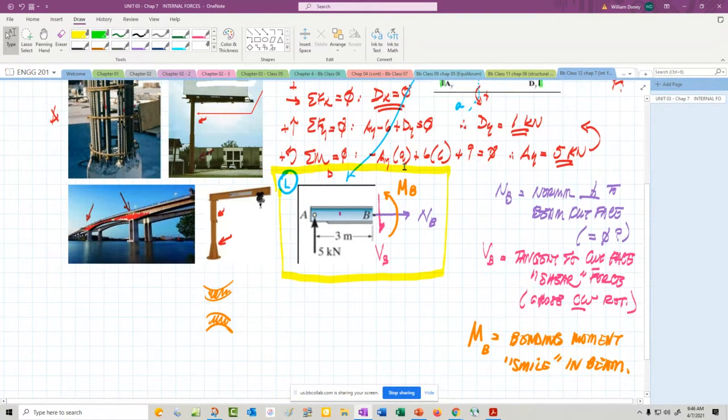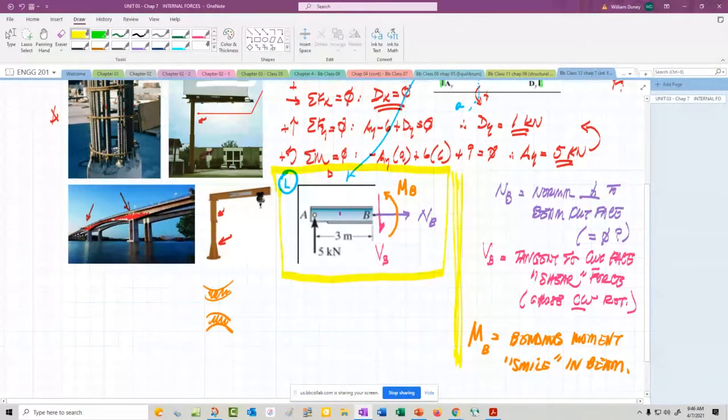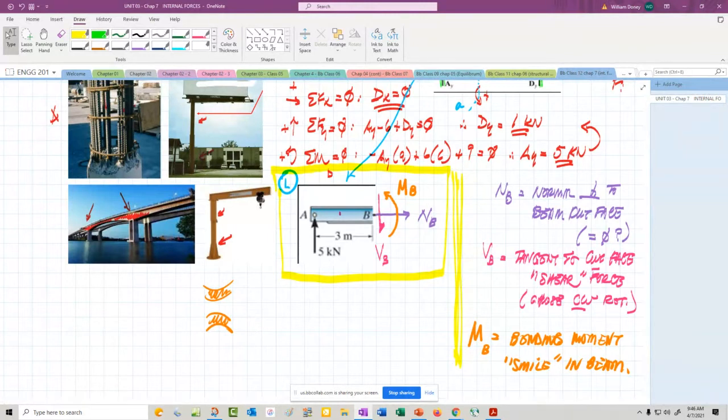Now that we've cut the beam, those internals now become external. And these are the three that we're going to be working with: the normal or axial force, the shear force, and the bending moment.